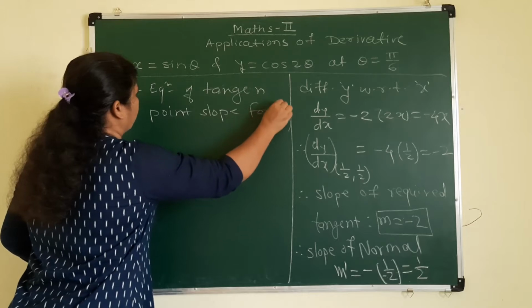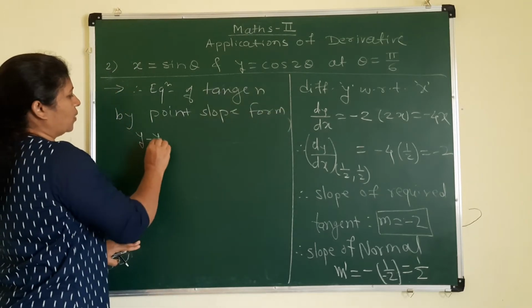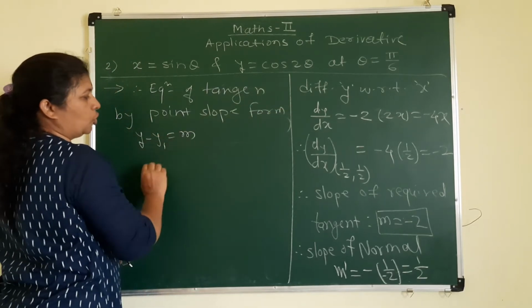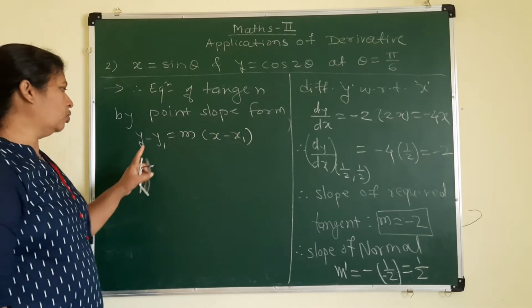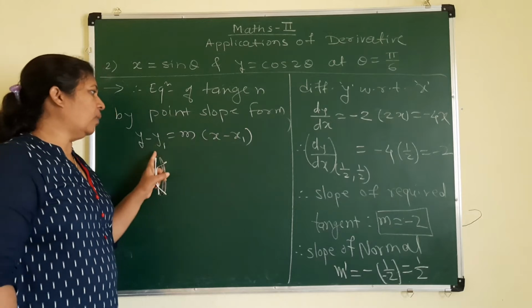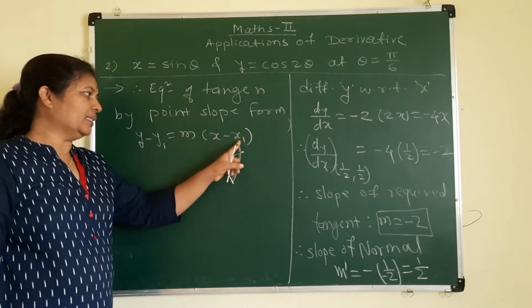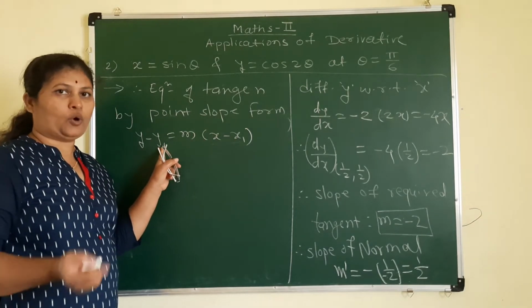What is point slope form? y minus y1 is equal to slope into x minus x1. You just have to put the values of x1, y1 and m. What is x1, y1? It is what we have obtained.